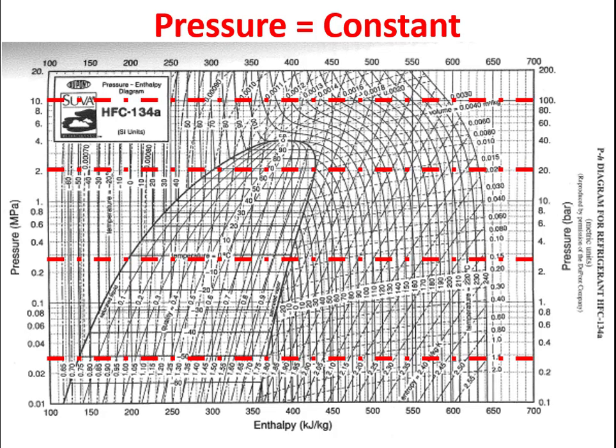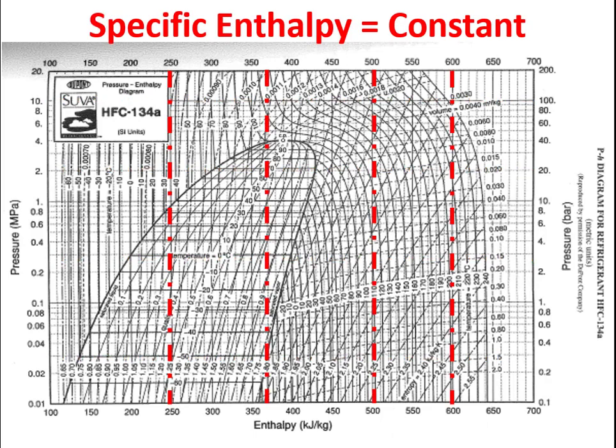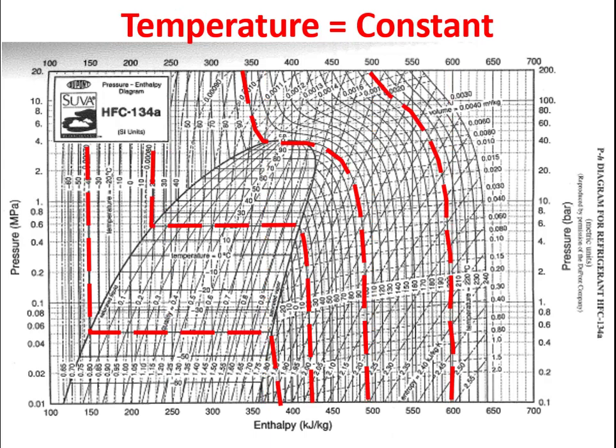So if I'm looking at this PH diagram, it's important to know what it's telling me. If I'm trying to read pressure, pressure is on my vertical axis. So pressure is constant on these horizontal lines, like the dashed lines that I'm showing here. If I'm trying to read enthalpy, I can read this vertically and bring it down to my horizontal axis, which is enthalpy in kilojoules per kilogram.